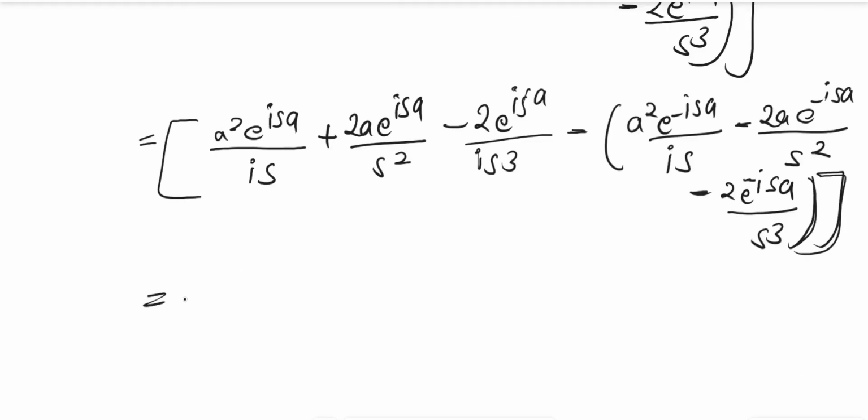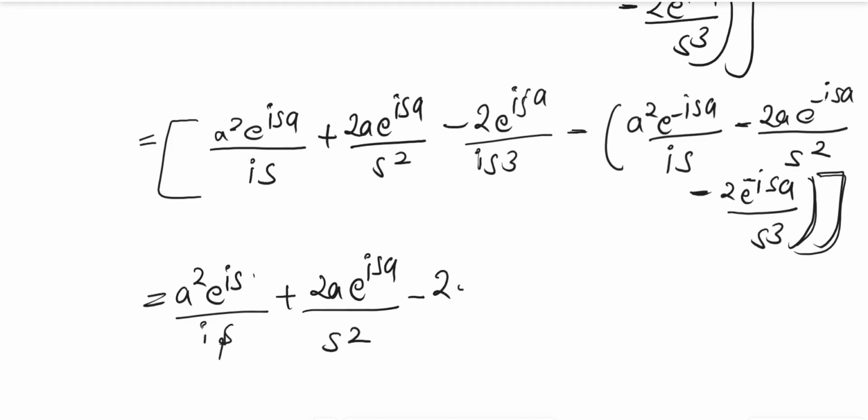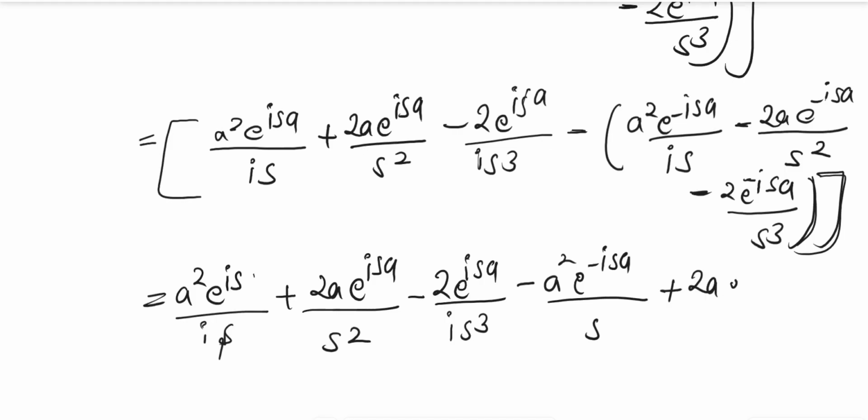It is a square e raised to the power iota sa divided by iota s plus 2a e raised to the power iota sa divided by s square minus 2 e raised to the power iota sa divided by iota s cube, minus a square e raised to the power minus iota sa divided by iota s plus 2a e raised to the power minus iota sa divided by s square plus 2 e raised to the power minus iota sa divided by s cube.